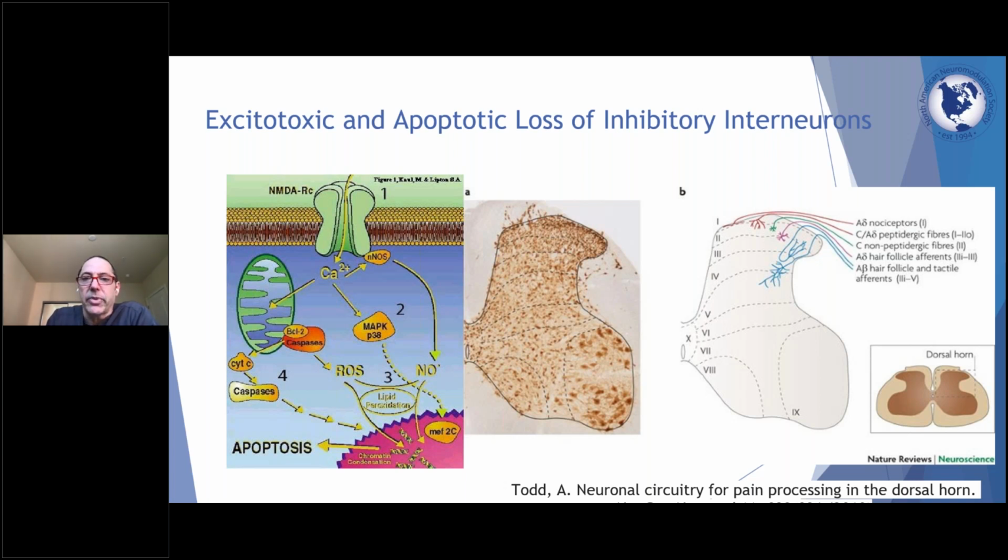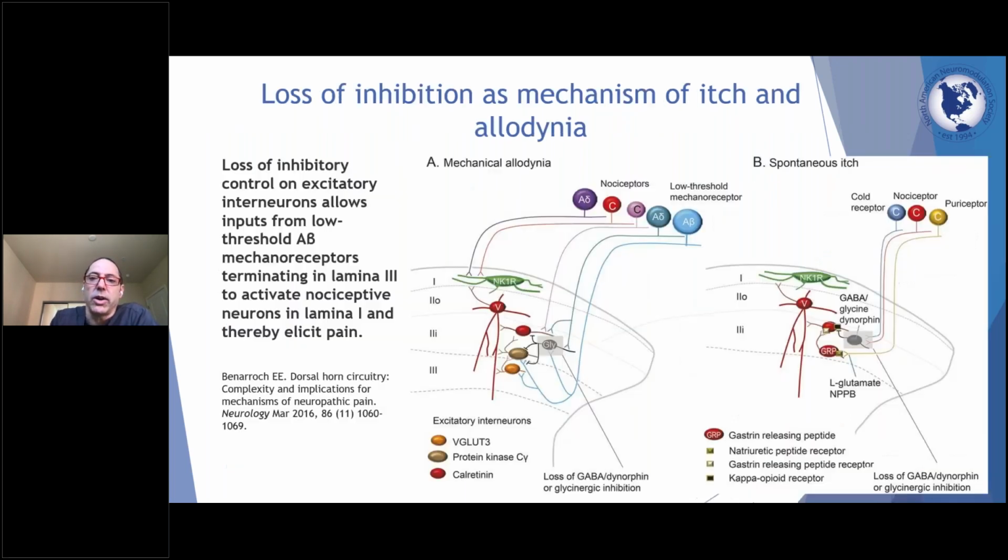In fact, it also occurs in response to morphine. So intrathecal morphine has been shown to induce cell death in the dorsal horn. And cell death seems to occur more among the GABAergic and glycinergic interneurons than it does in other interneuronal populations of the dorsal horn.